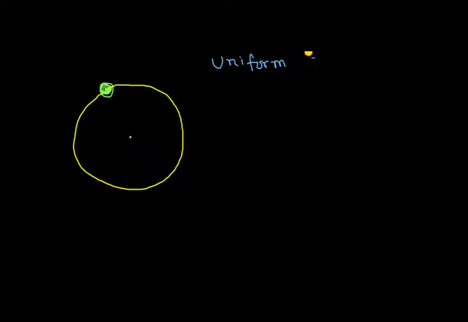See, suppose a particle moves in a circular path. So this is uniform circular motion, as the speed is constant.